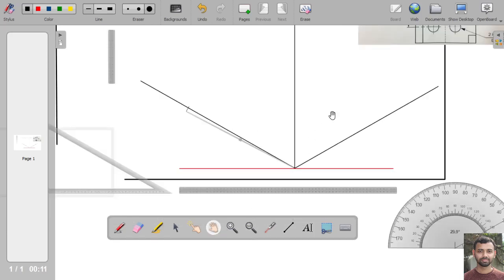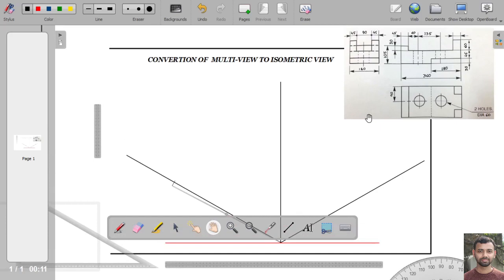Similarly, the next step is we have to find out the next dimension. So the next dimension is this width. Now this width is given as 180 mm.